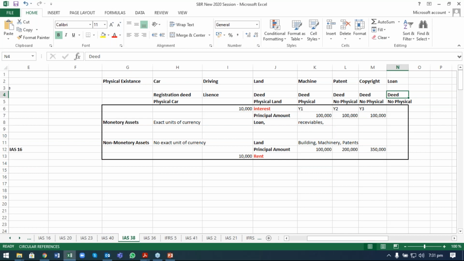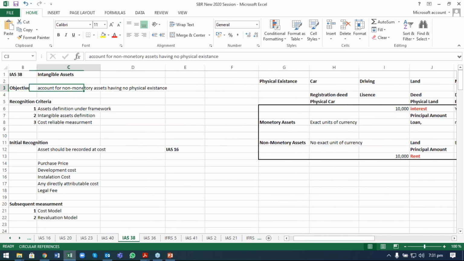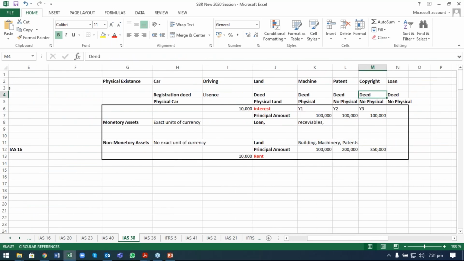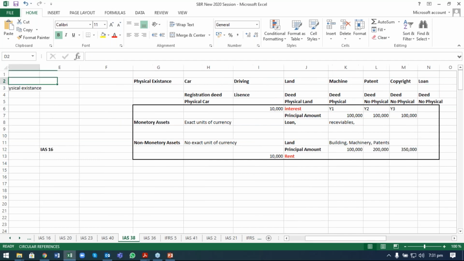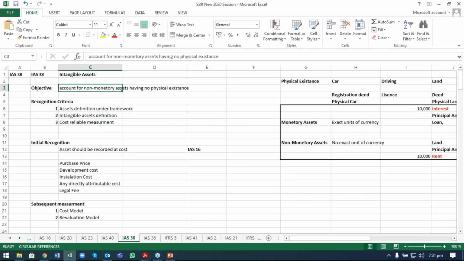So as far as IS 38 is concerned, if it just explained accounting for any asset which has no physical existence, then I would have to account for this loan even under IS 38. But IS 38 strictly prohibits that: any asset that is non-monetary in nature and has no physical existence.